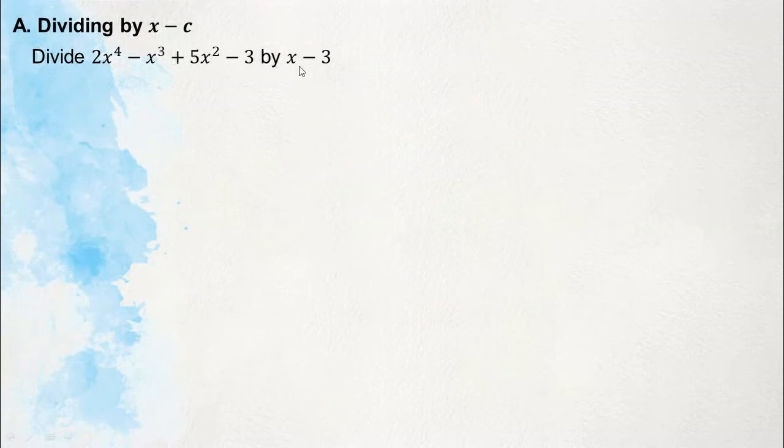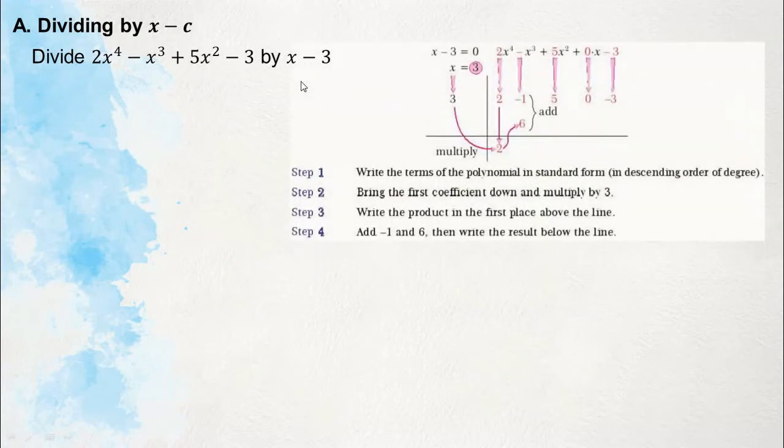So remember, in synthetic division or Horner method, this is used to divide by a linear factor. You can see from here, x minus 3 you need to make equal to 0, because x minus 3 is the factor of this polynomial. So we can write x equal 3.